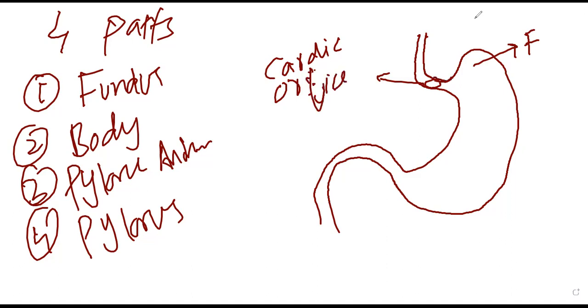And this notch, which is present here, we call it cardiac notch. So the fundus projects upward and to the left of the cardiac orifice. And usually this fundus is full of gases.